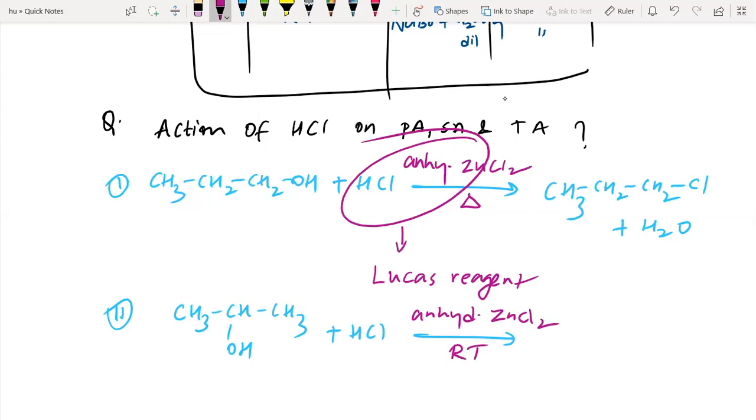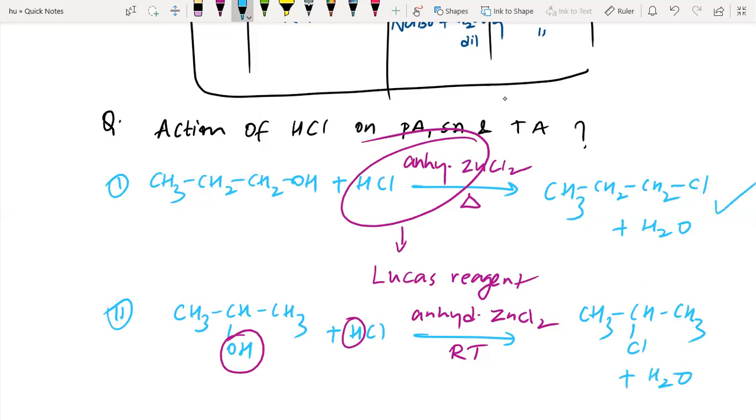The product is CH3CHCH3 with Cl, plus water. So the product in the very first reaction is n-propyl chloride, and here isopropyl chloride.